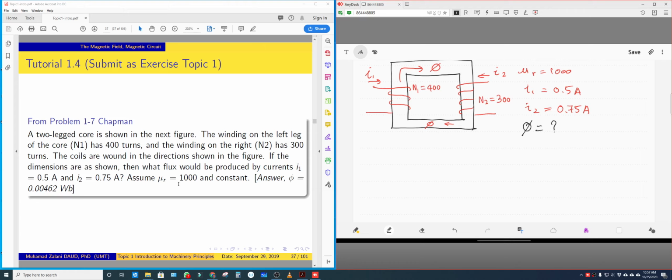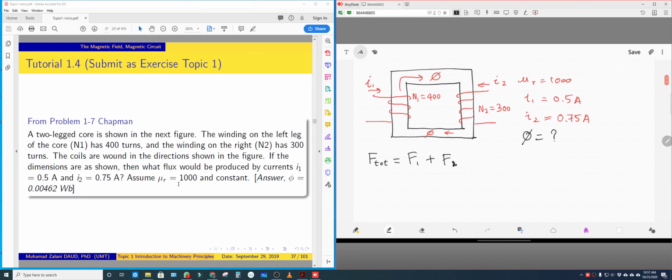So firstly, what we do is find the total MMF, which is F total. Total MMF is the sum of F1 and F2.